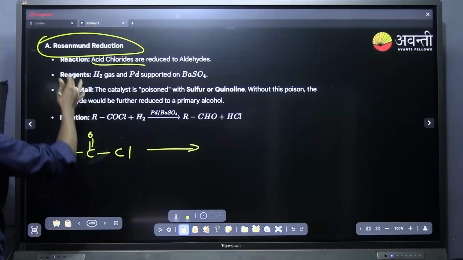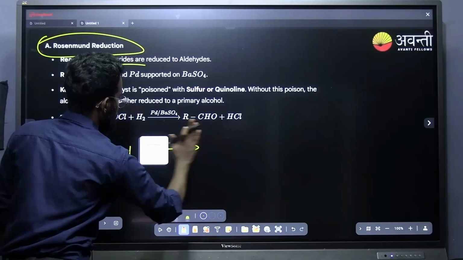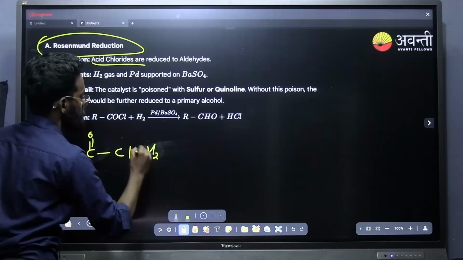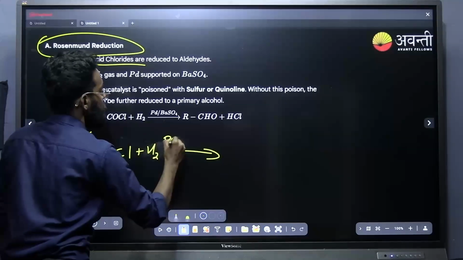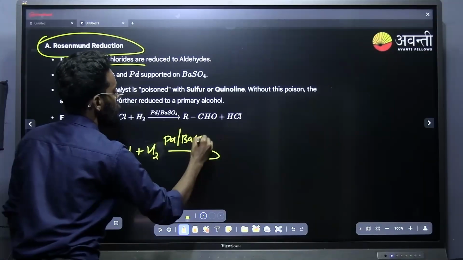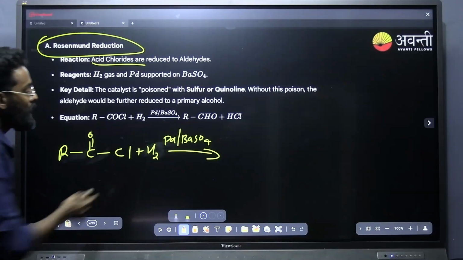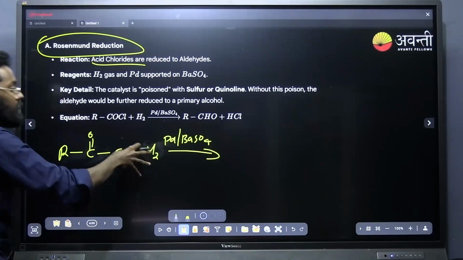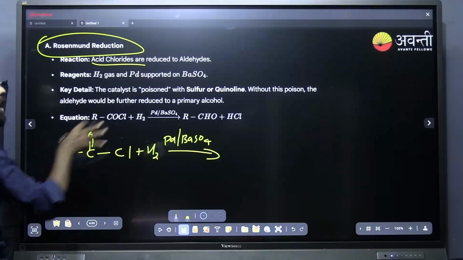So we will be taking the acid chloride and hydrogenating it, in the presence of H2. And what is the support that we will be using? Pd on BaSO4. We have discussed this particular reagent, which we call Lindlar catalyst, and here it is used to convert acid chloride to aldehyde.